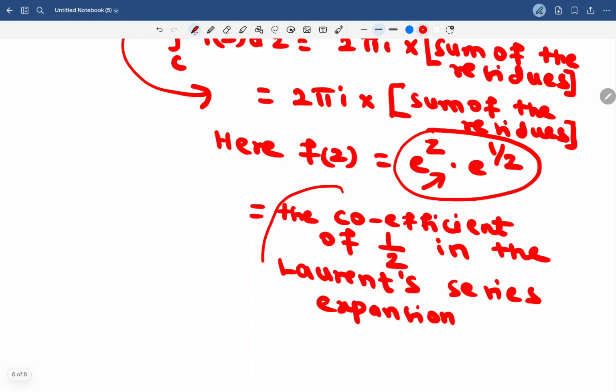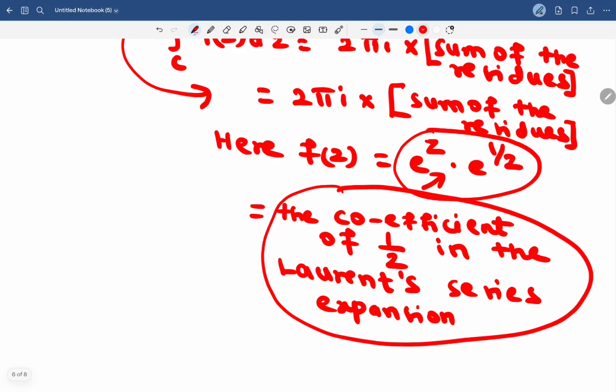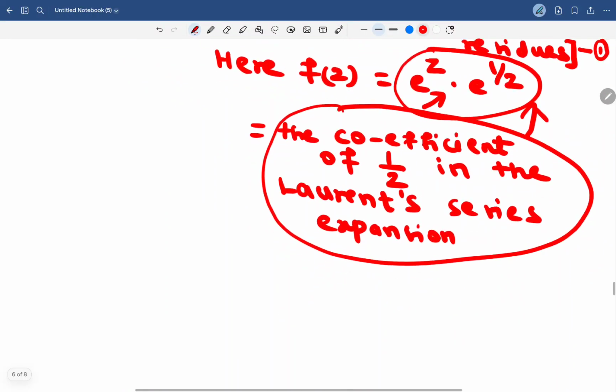If you find the coefficient of 1 by z in the Laurent series expansion, this is nothing but the residue for the function f of z. We may take this as equation 1.